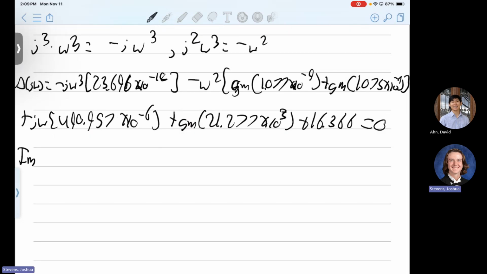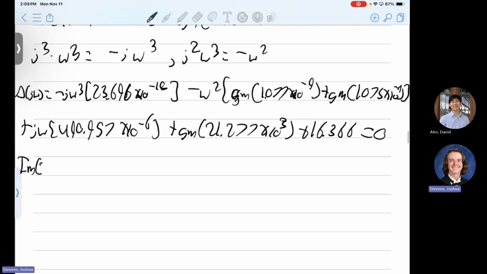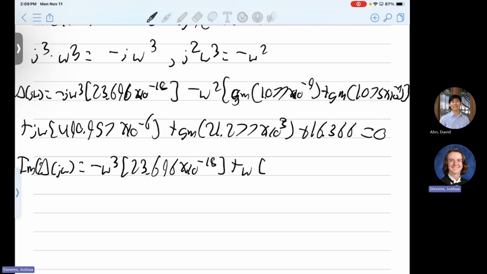So I am of the determinant, no, that's supposed to be an A. This of j omega equals negative omega cubed 23.696 times 10 to the negative 18th plus omega 490.957 times 10 to the negative 6th, and that's all equal to 0.